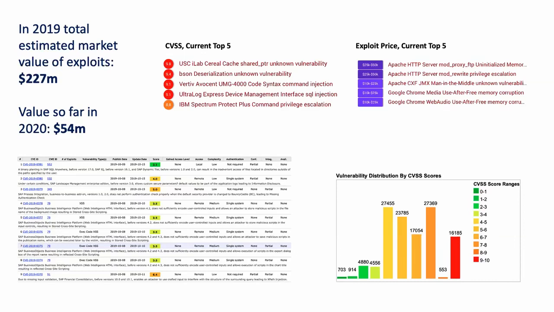This is just a value placed on the demand in the underworld for these exploits, and what people are prepared to pay for them, especially zero-day exploits. In the research that's been done, last year the value of the exploits was about $227 million. That's what people were prepared to pay or paid for these exploits. And the tracking so far in 2020, through just one quarter, is $54 million.